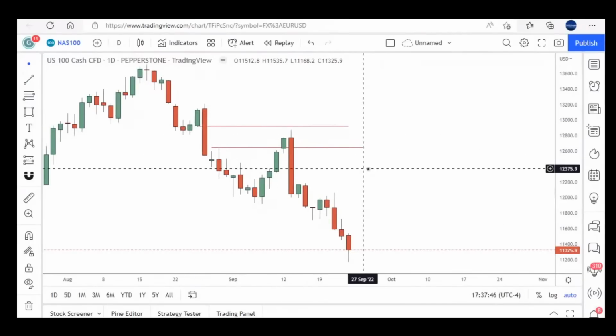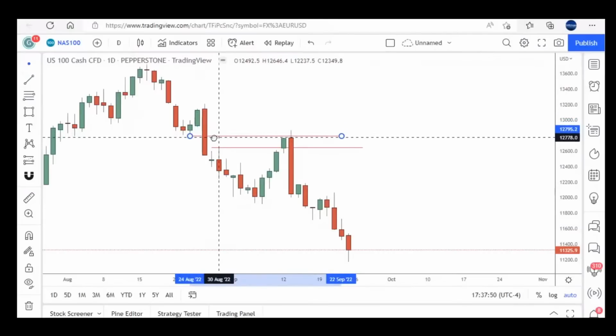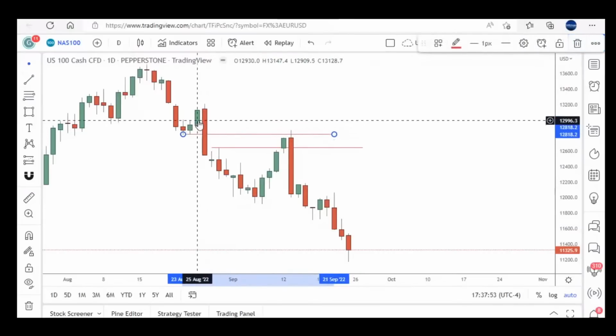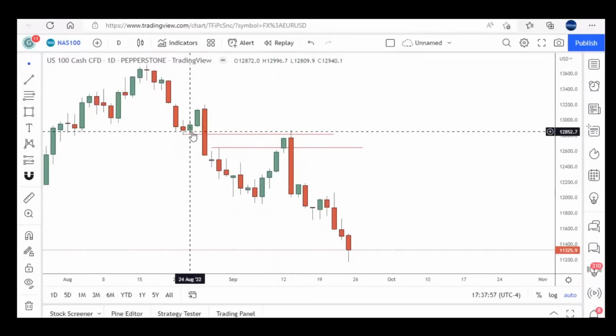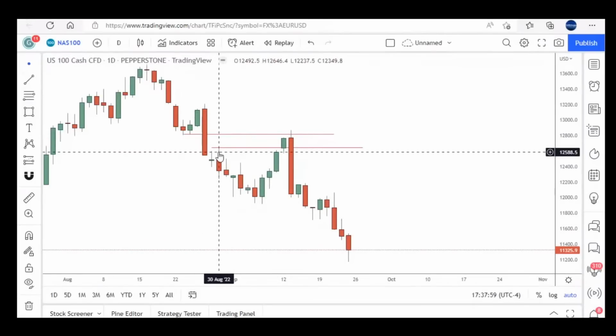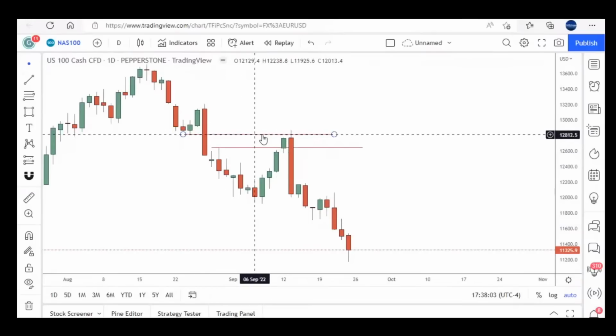That's not my fair value gap because price never completely filled it in. I use both bullish candles here in this example. So my fair value gap is this candle's low and this candle's high. Price filled in the entire fair value gap, so now it is balanced.